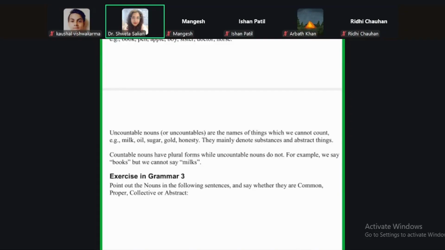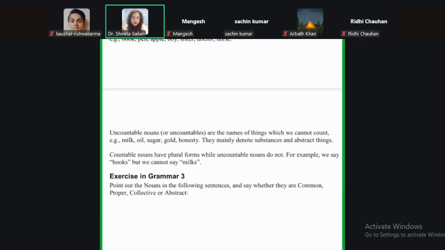But the actual sugar that you have, the grains are too small. So as I was saying, it's very difficult for you to understand how many grains.